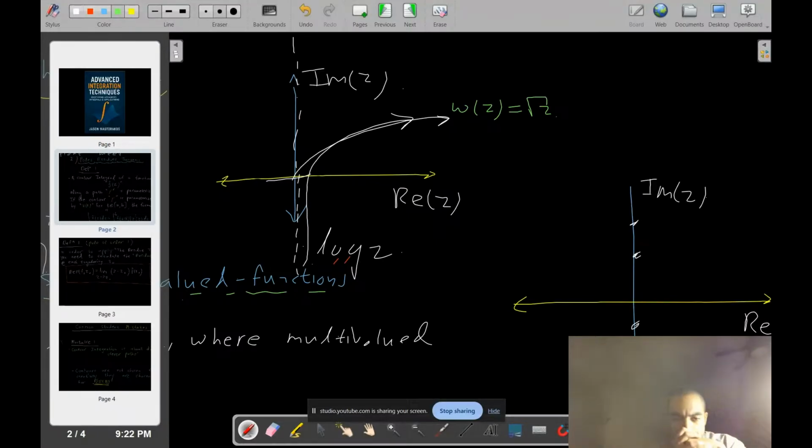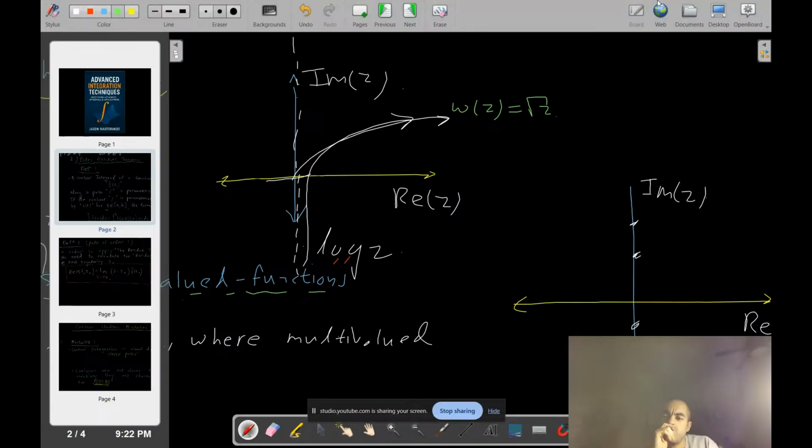Well, it requires multiple sheets, multiple branches, to represent. So there are two sheets for root z, with branch points at 0 and infinity. So there's a branch point at 0 and infinity.